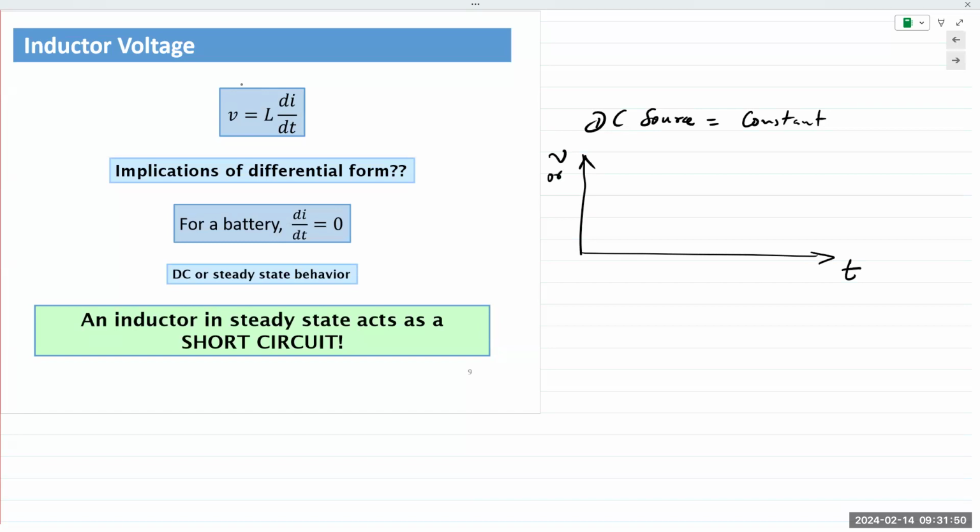If you have a value, whatever that value is, it remains the same. If you take a 1.5 volt battery, that 1.5 volt battery is going to stay the same, well, depending on the electrochemical reactions. But when you connect it to a circuit, it's going to supply 1.5 volts. So constant with respect to time. Constant or fixed value.